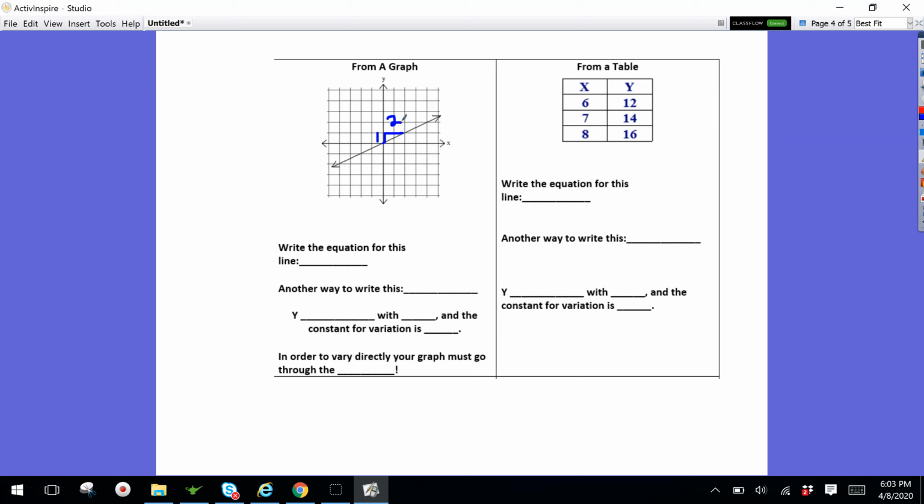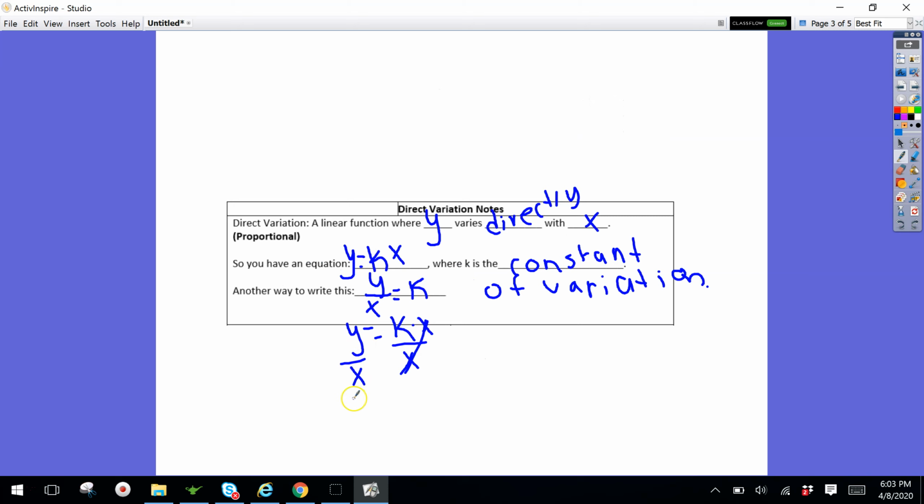I can write that y equals 1/2 times x. Another way that I can write this is that every single time I take my y values and divide by x, I get a proportion of 1/2. That is the ratio that is going on here. So just like we did with our k, when we divide y divided by x, you get the k value.